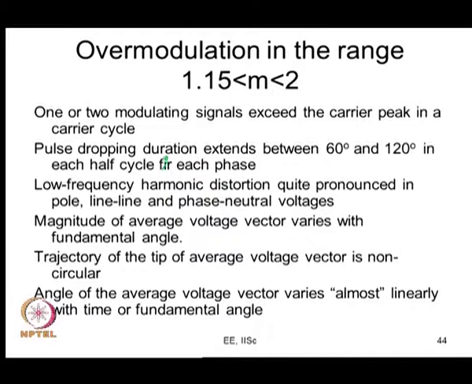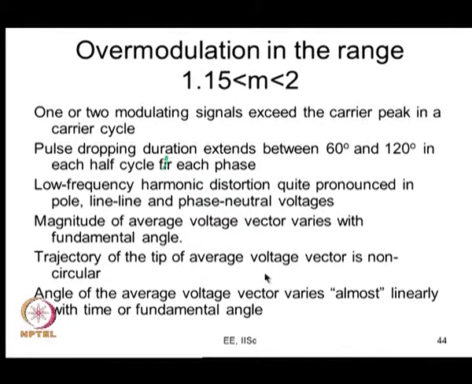FOR, alright. So, low frequency harmonic distortion. There is low frequency harmonic distortion, and it is quite pronounced when compared to what you found at m equal to 1 or in the range 1 to 1.15. Now, it is much more pronounced and goes on increasing as m goes from 1.15 to 2. Now, if you look at the magnitude of the average voltage vector, it varies with fundamental angle, and this variation is also more pronounced than it was in the range 1 to 1.15.